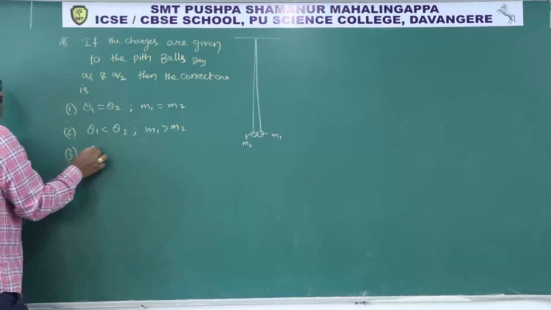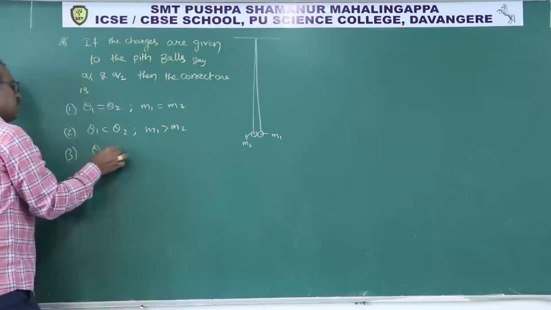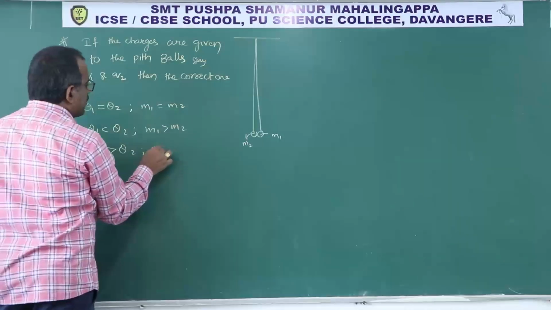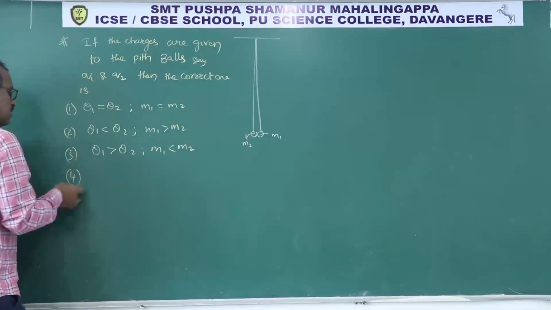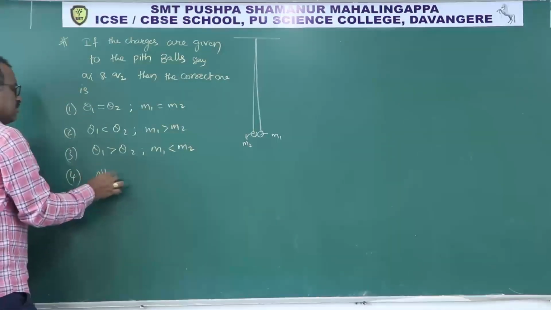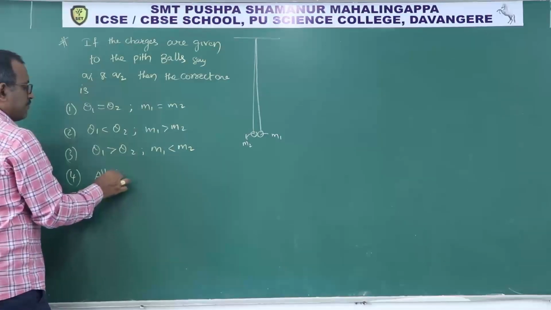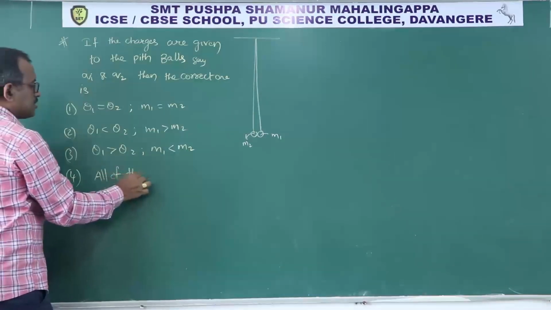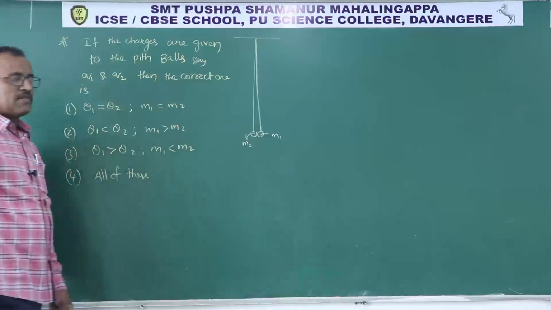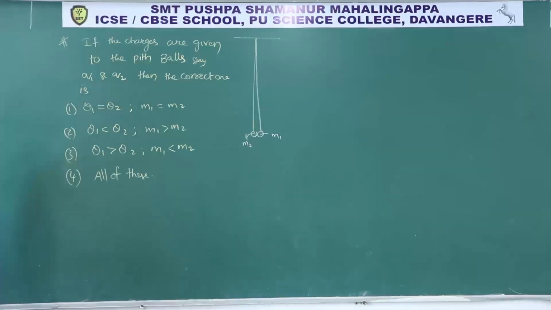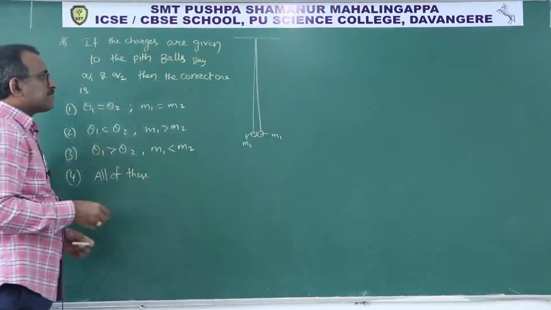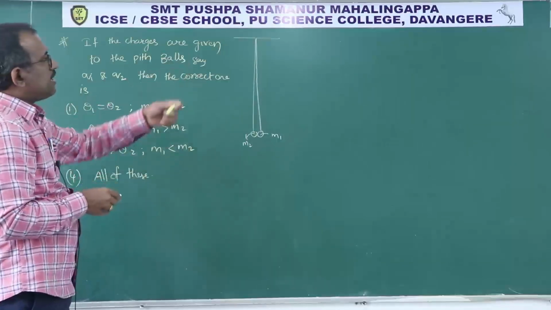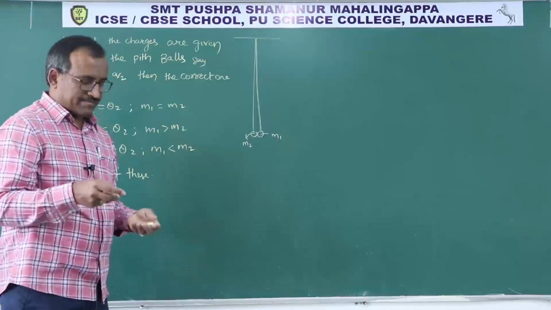Third one: if theta 1 is greater than theta 2, m1 is less than m2. Fourth one: all of these. Hope it is understood? All of these. Okay, then let us start. Clear?